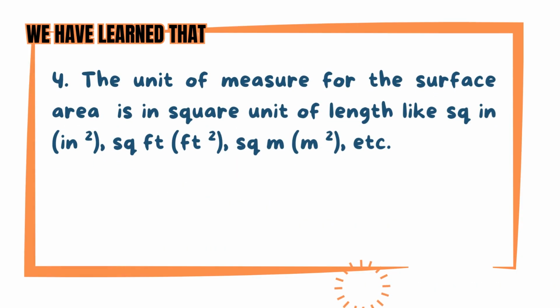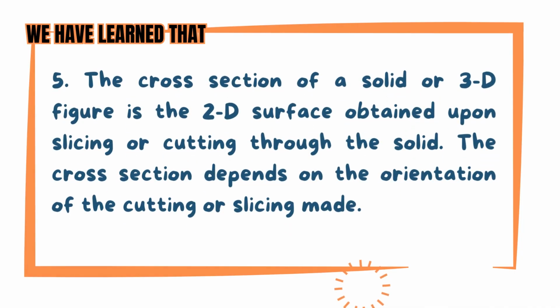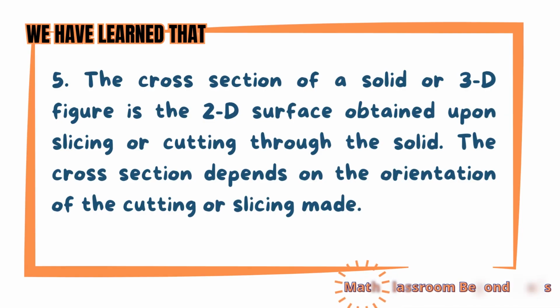Fourth, the unit of measure for the surface area is in square unit of length, like square inches, square feet, square meters, etc. Fifth, the cross-section of a solid or 3D figure is the 2D surface obtained upon slicing or cutting through the solid. The cross-section depends on the orientation of the cutting or slicing made.